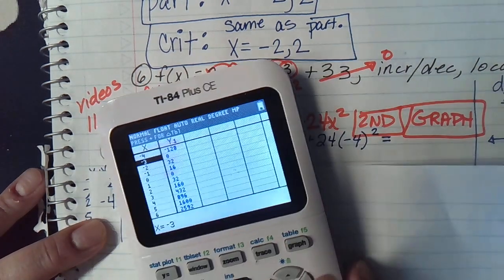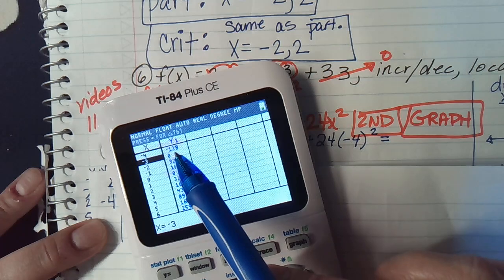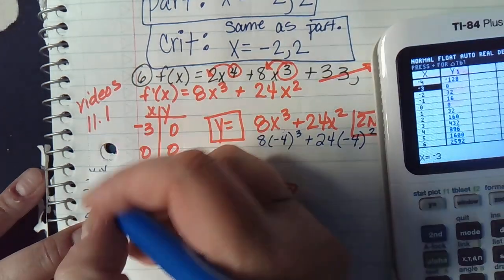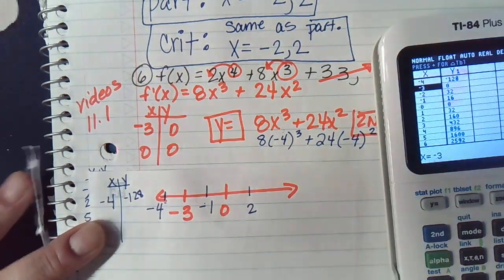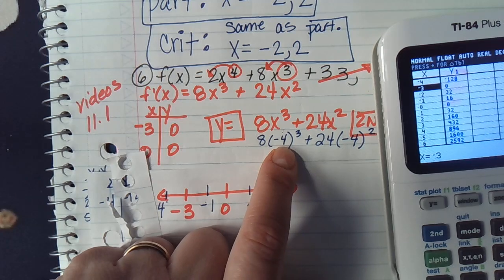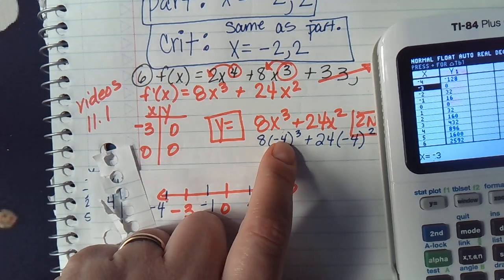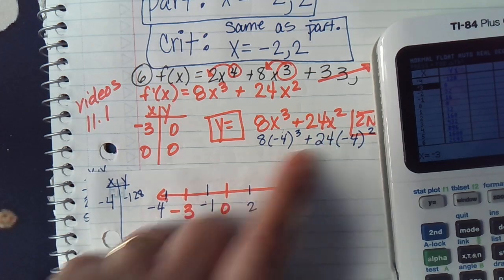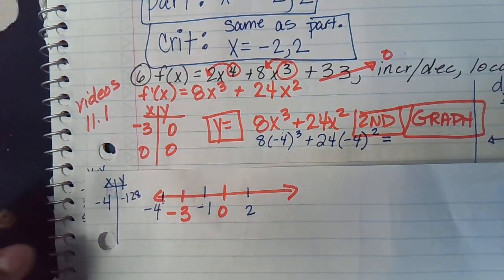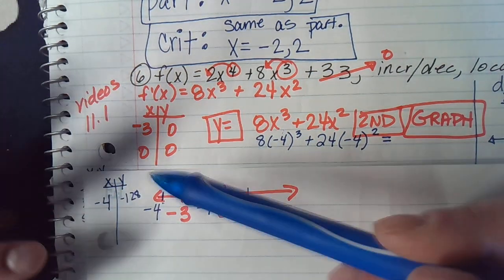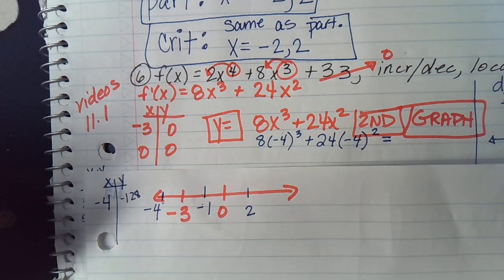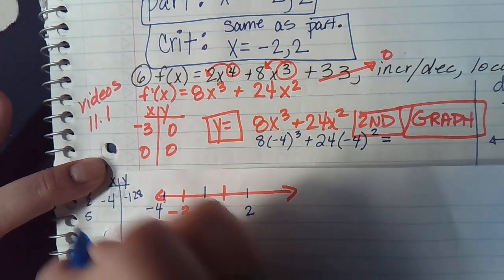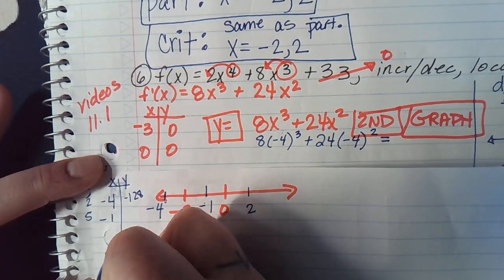And in our t-chart, across from the -4 is -128. And that would have been what this was when I plugged in that -4. So you can either plug it in by hand, or we can just look at the calculator. Since it's the test, I'm trying to teach you some time-saving tips.